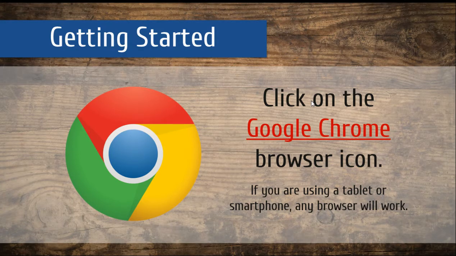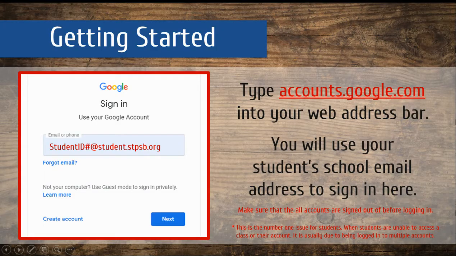If you're using a tablet or a smartphone, any browser will work, Safari or whatever other browser you have. Once you have opened your browser, in the top web address bar, you're going to type in accounts.google.com, and a page should pop up with your Google sign-in account information.